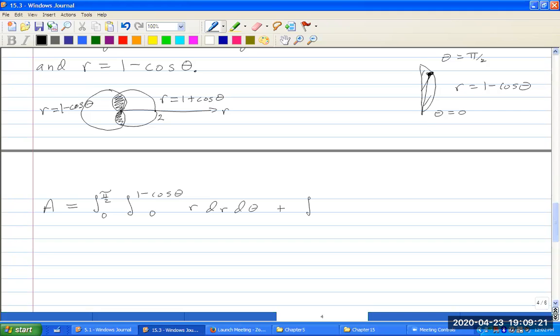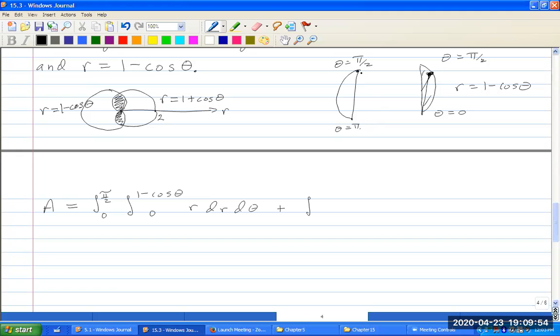Now let's do the other region. On this side of that region, the angle starts here. Notice at 0, I'm over here. And then I go to pi over 2, I'm over here. Now from pi over 2 to pi is this region. So I'm starting out at theta equaling pi over 2, ending at theta equaling pi.